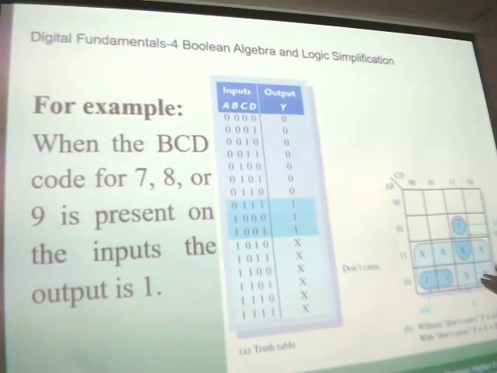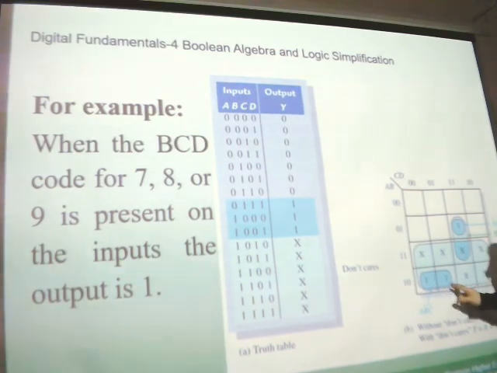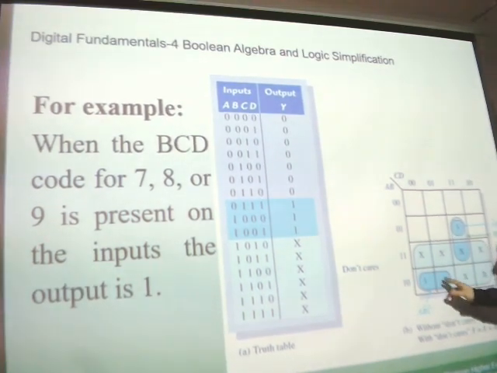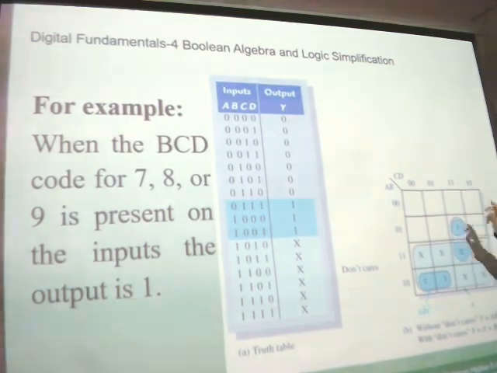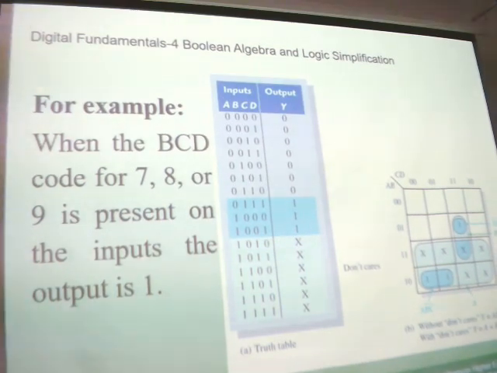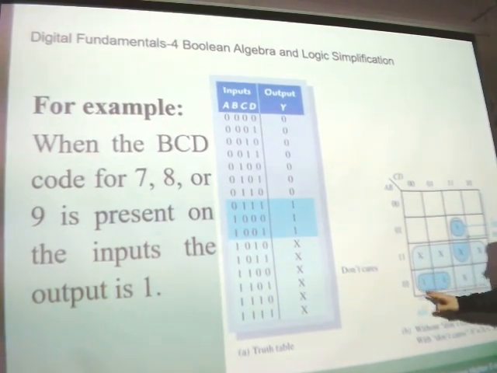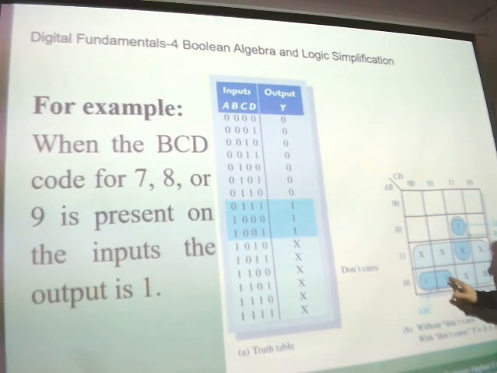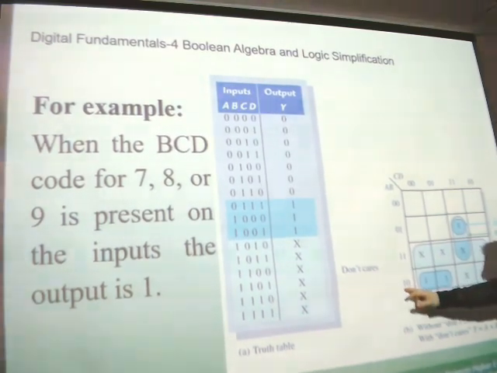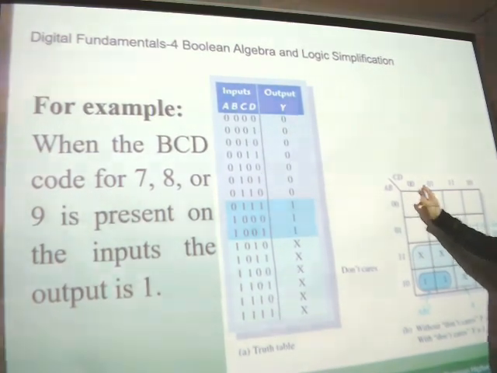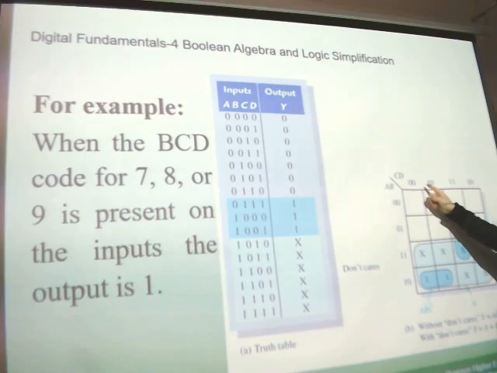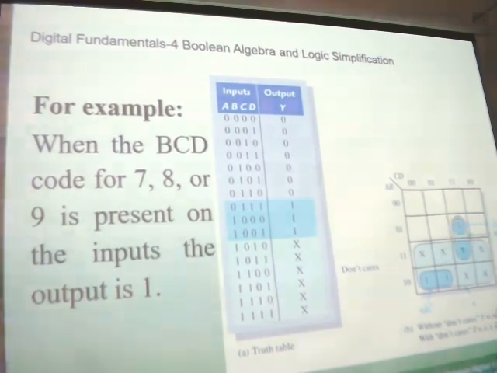If we don't use the don't care condition, then we know that the two ones can be grouped into one group, and this one represents one group. For these two ones, the product term is A B bar C bar, and D bar, D, so D must be eliminated.